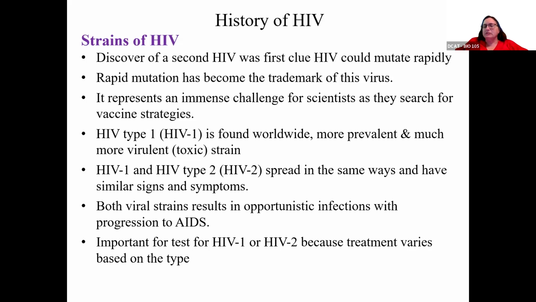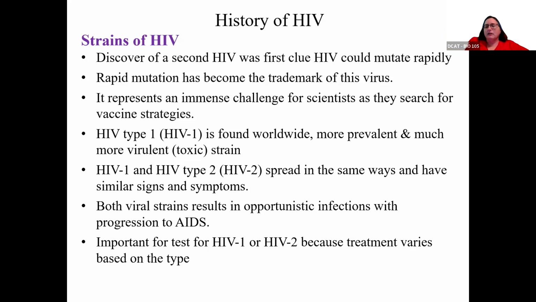And what a mutation is, if I have one HIV virus here, and let's say I had a vaccine against it that could kill this HIV virus, what it can do is change one thing within its RNA, within its virus, and then it would make it a whole new type of HIV virus. So now that old vaccine that worked on this one is not going to work on this one.